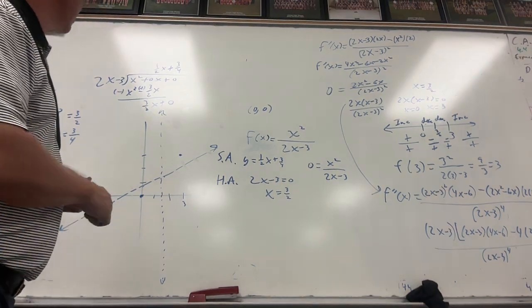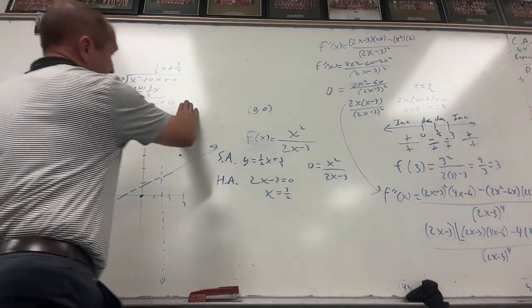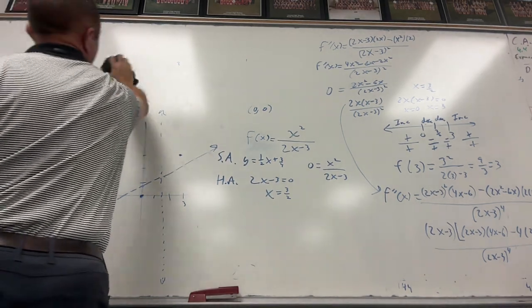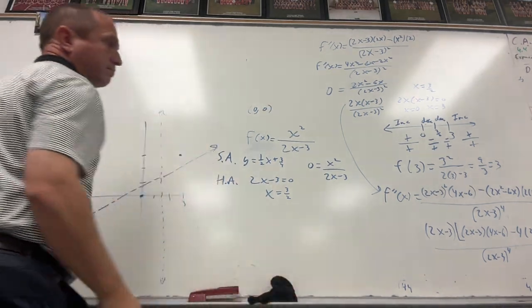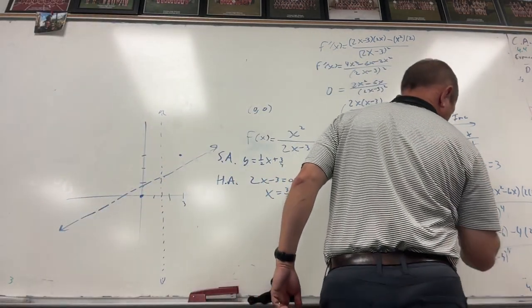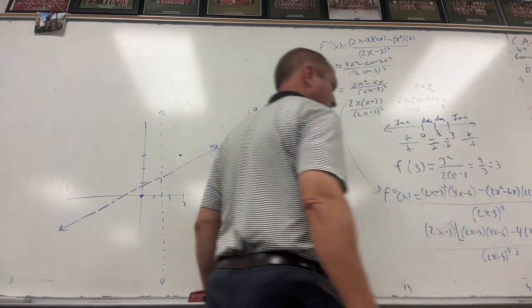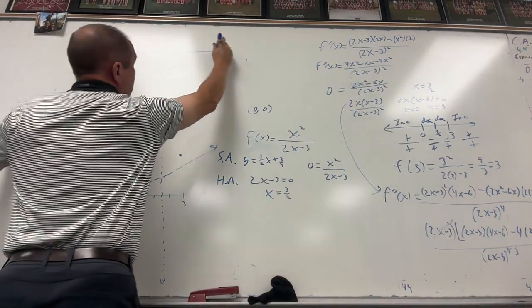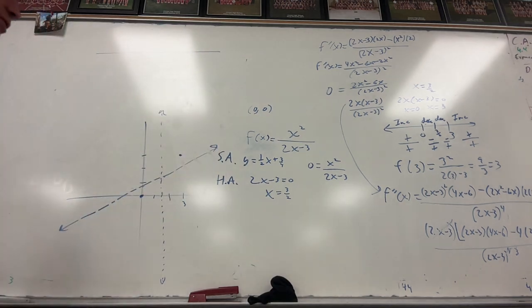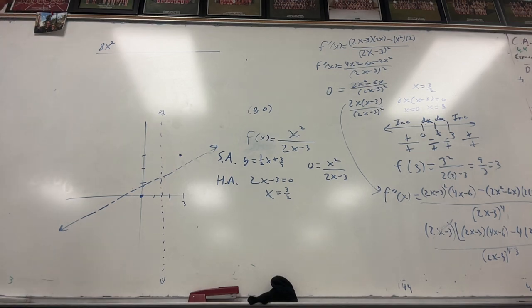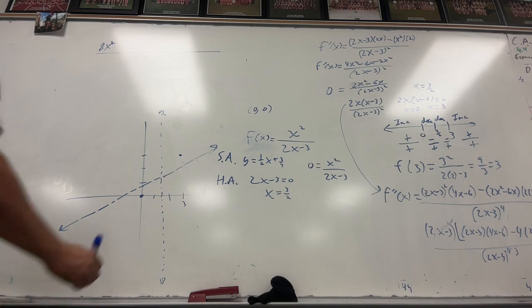Now, I'm unfortunately going to have to come back over here, so I'm going to erase this. So this 2x minus 3 will make one of these go away. So we've got 2x minus 3 times 4x minus 6, so we distribute in. So that's going to be 8x squared, minus 12x and minus 12x is minus 24x.